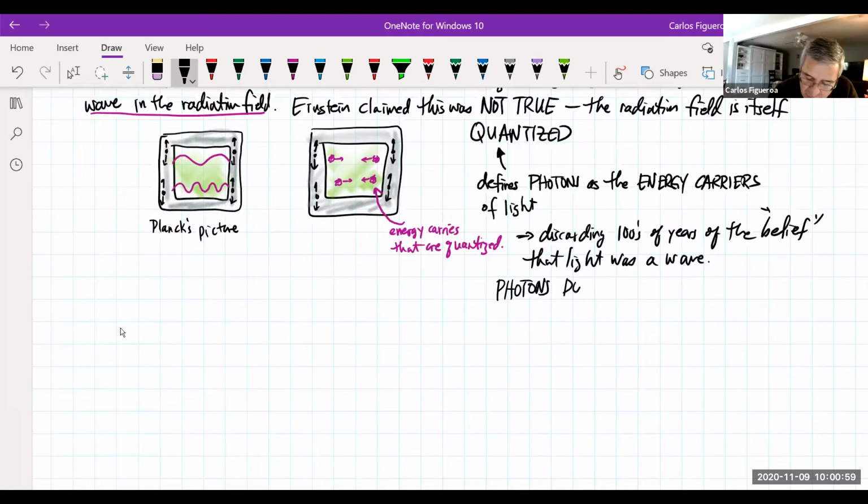Photons do not have frequency or wavelength. And that's got to be disturbing because we've been told that our whole lives.